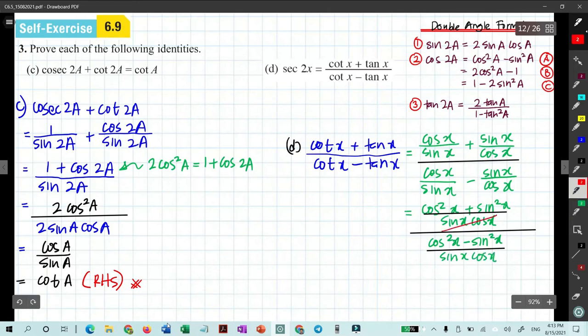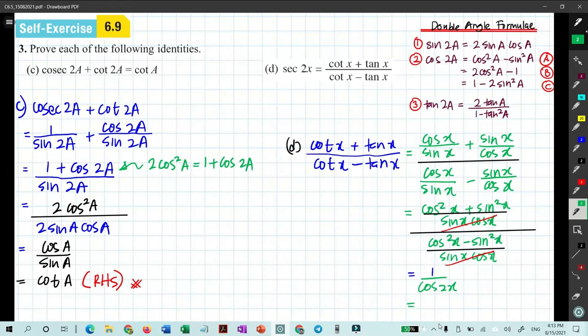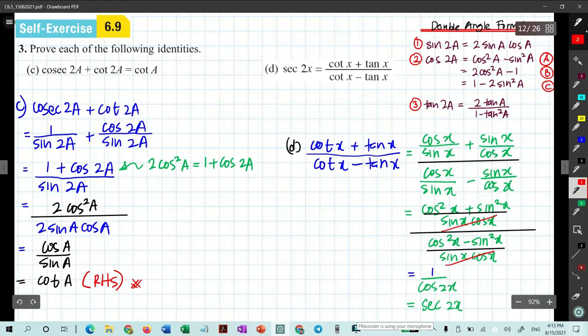We can cancel this sine x cos x, and cos square x plus sine square x is equal to 1, and cos square x minus sine square x is equivalent to cos 2x. So we get 1 over cos 2x. 1 over cos is basically secant, and finally we get secant 2x, which is the same as the left hand side.